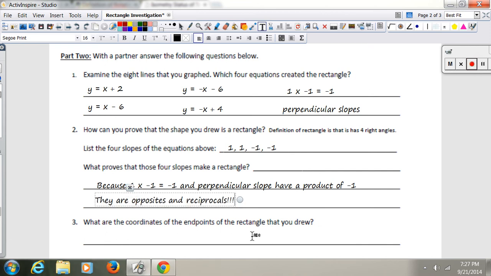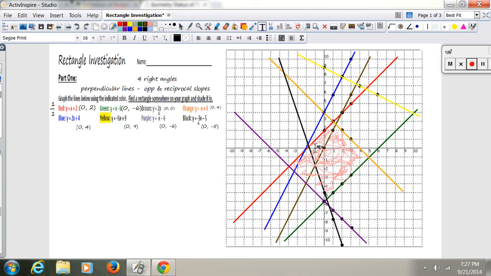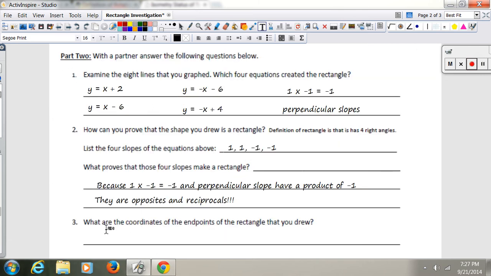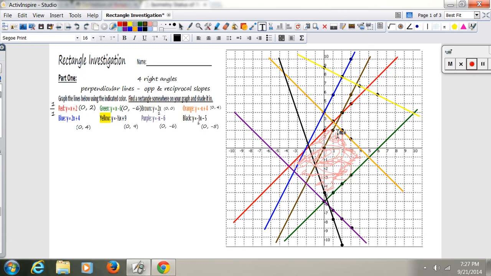What are the coordinates of the endpoints of the rectangle we drew? Okay, so let's find our points. One point is (1, 3). That was one point. The next point we have is (5, -1).